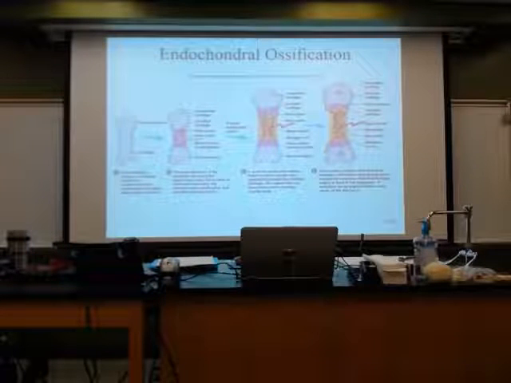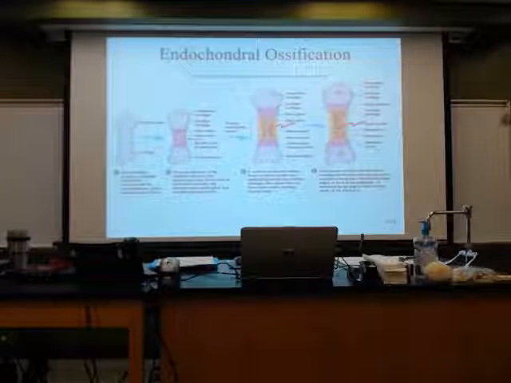Can you kind of see that now? Before we got this right here that we see, it was mostly cartilage. But now we end up with this structure that has our compact bone with the spongy bone to the inside.